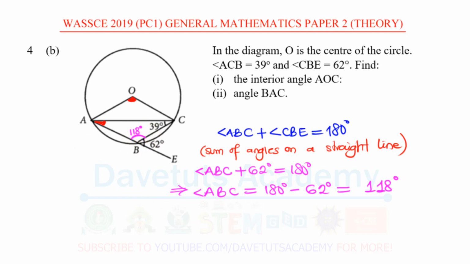Now that is the first step. Looking further into this question, I can also see very clearly that if I'm to extend this particular diagram and look at what I'm going to do now, because I know this angle 118 already, I can get the angle that this particular chord AC will bisect at this circumference.